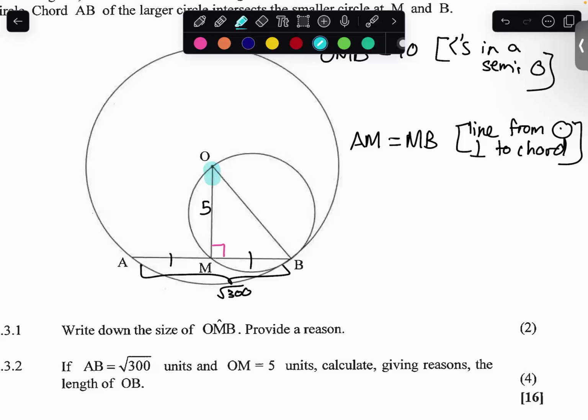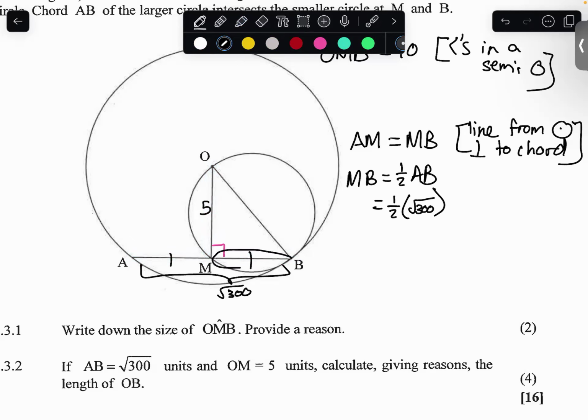There's a line drawn from the center of the circle, the big circle, perpendicular to a chord. It will bisect that chord. That's the theorem, right? The line drawn from the center of the circle perpendicular to a chord will bisect the chord, which means that MB is equal to half of AB, which is half of the root of 300.